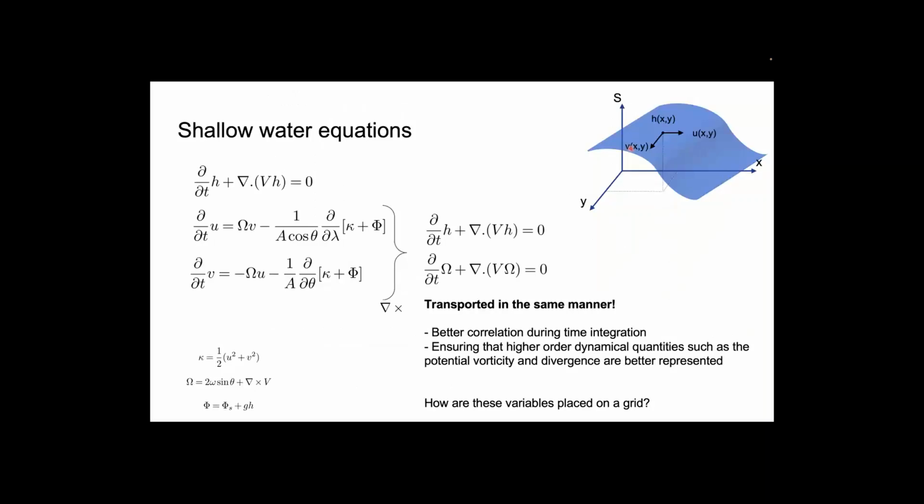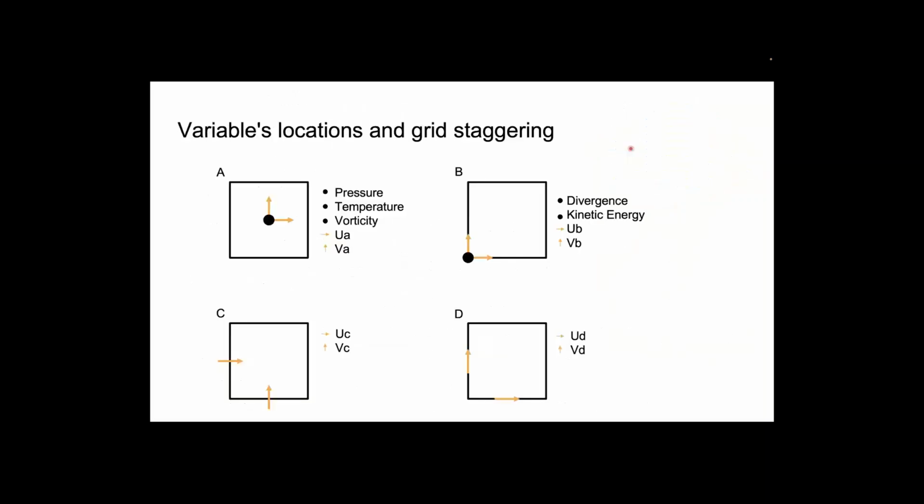So let me skip this and go here and show you how we place the variables. And you will see in a moment why I am presenting this. So how are the variables actually placed on the grid? For different numerical reasons, over the years in FE3, we use different variables at different locations.